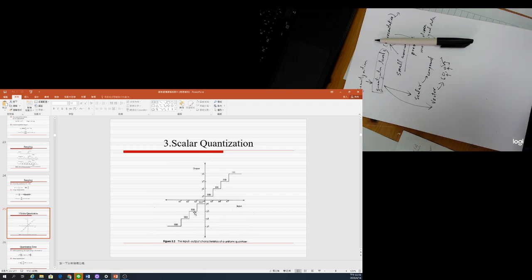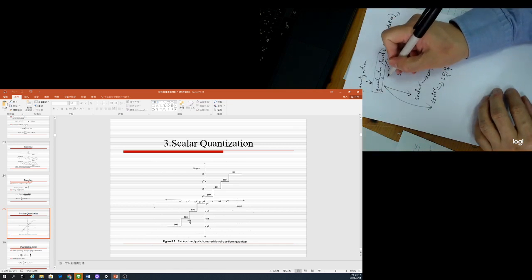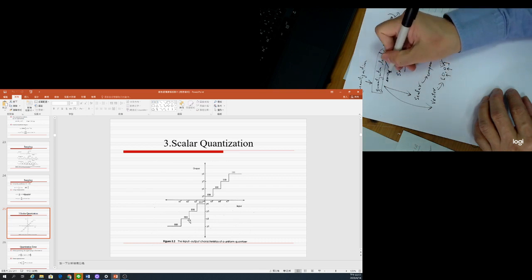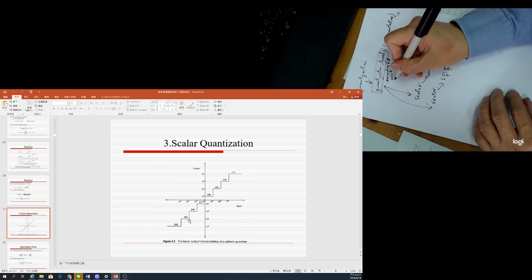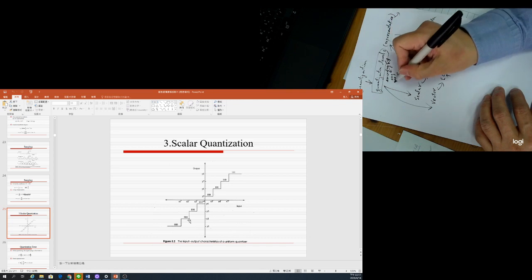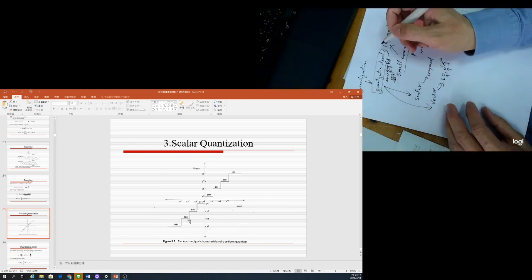You can see here 0, 0, 0, 0, 0, 1 is more like an index. We call it the quantization level, and then there is the encoding bit. The encoding bit looks like 0, 0, 0 or 0, 0, 1, but this is not a value. It encodes how many quantization levels you have.